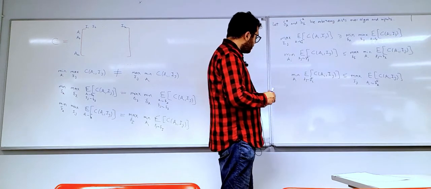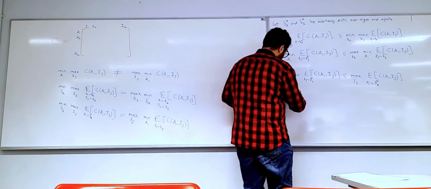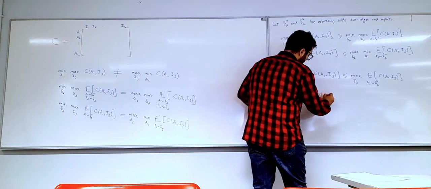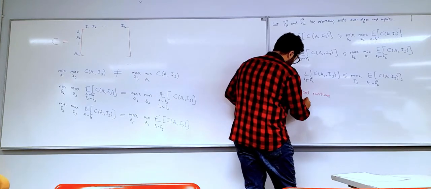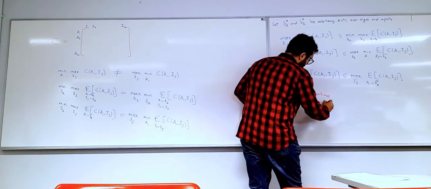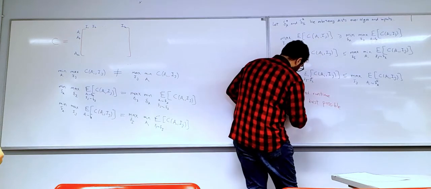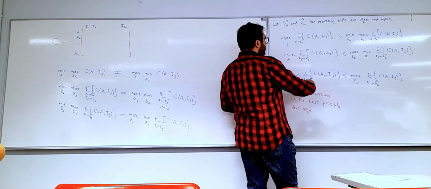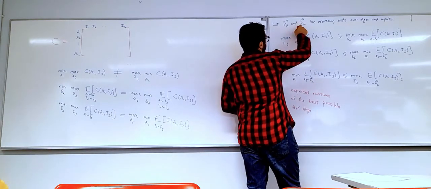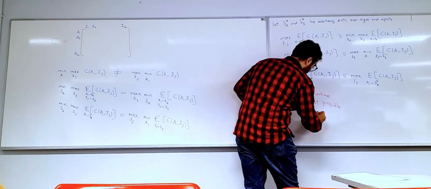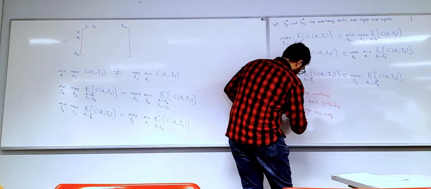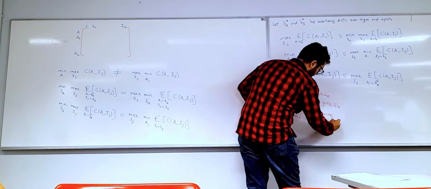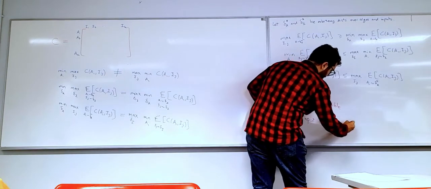Okay, so this side is the expected runtime of the best possible deterministic algorithm, assuming that the input comes from that distribution that we have there.